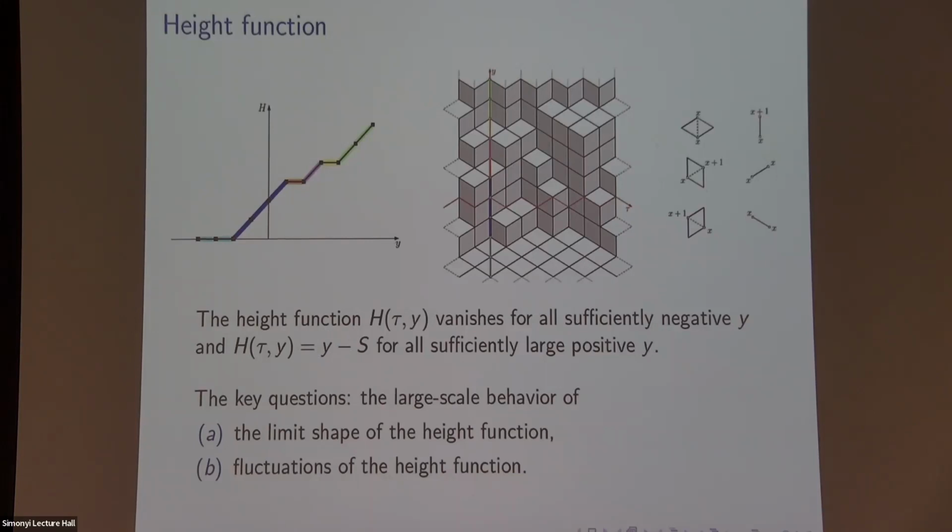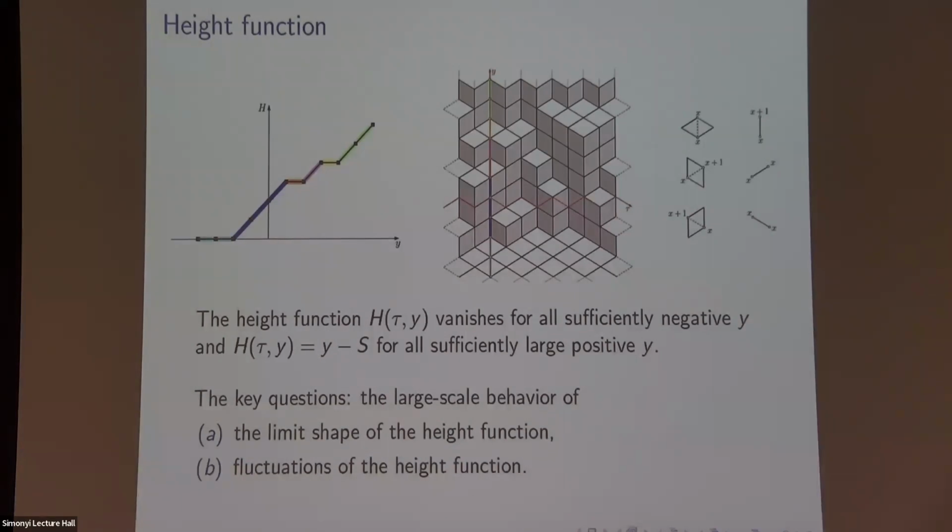Okay, and as I said, we're interested in the behavior of the height function itself and of its fluctuations. The height function of the dimer model, of the lozenge tilings model, is known to have a so-called limit shape phenomenon. You can think about it as a law of large numbers.